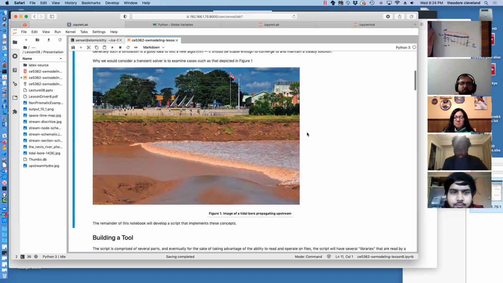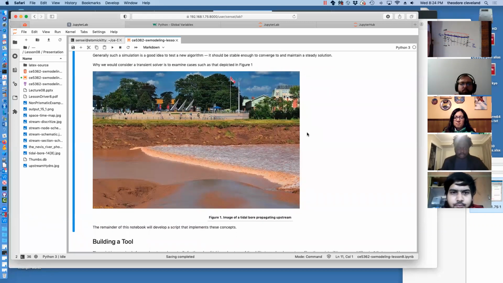And then the pretty picture here is intended to be motivational for why you would even bother with a transient solver. So this line right there, in your fluids lab you would recognize that, oh, that's just a hydraulic jump, big deal. Well, the big deal is probably 30 seconds before the picture was taken, the hydraulic jump was here, and in 30 more seconds, it's going to be over here.